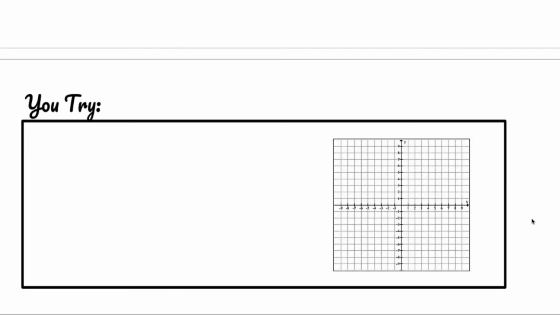So let's give you one to practice. What I'd like for you to do is to graph f of x equal to negative of the absolute value of x minus 3.